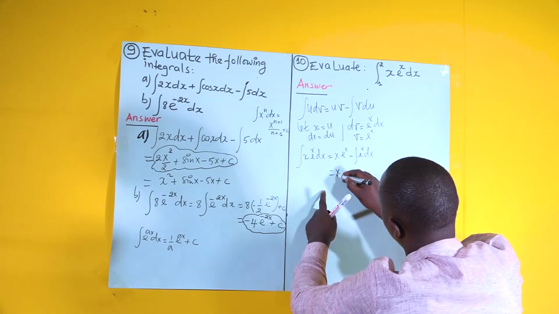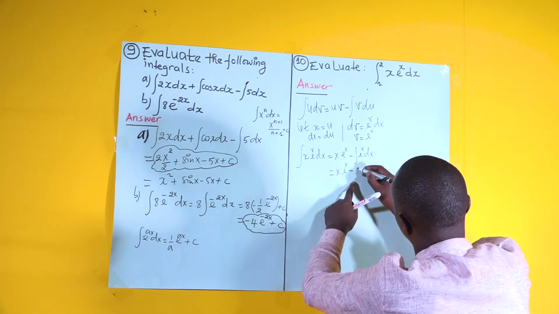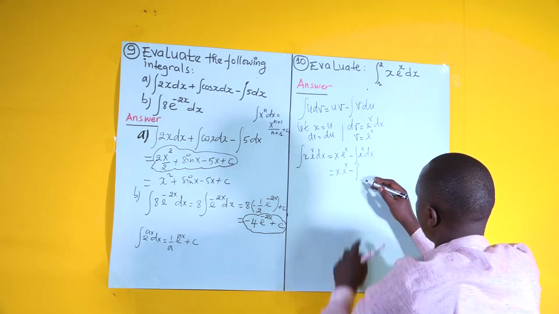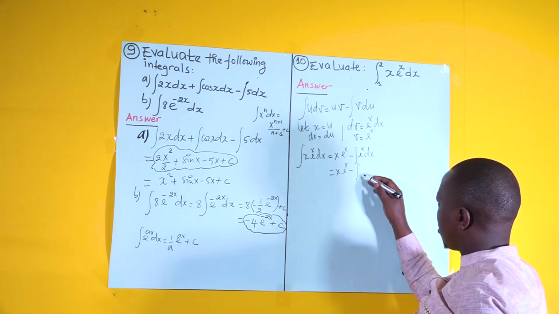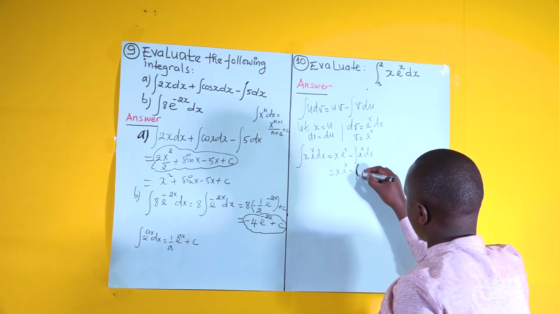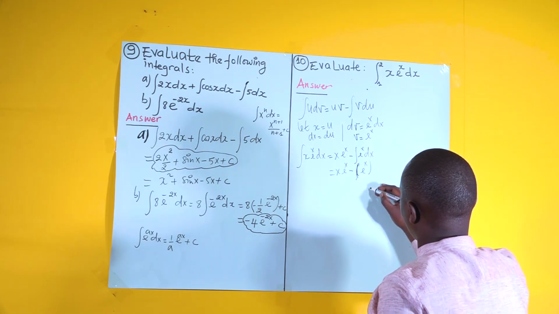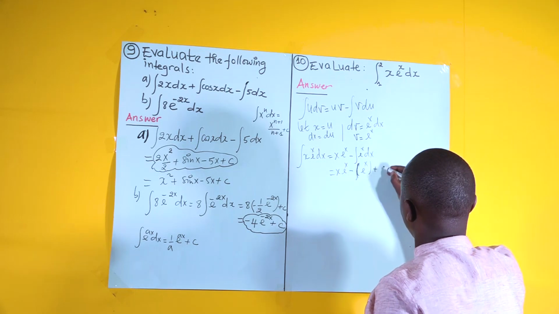So this will be equal to x e to the x minus the integration, because the integration of this we know the answer. So this gives us e to the x, and then plus a constant.